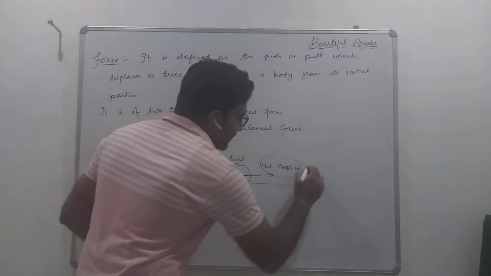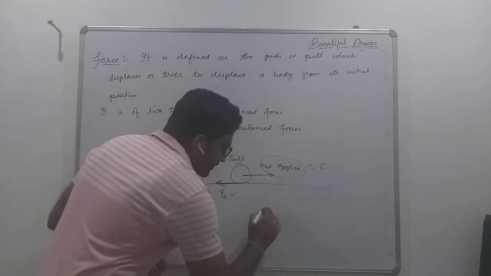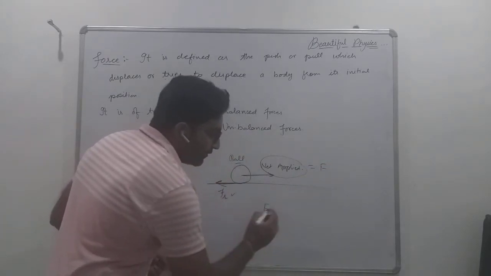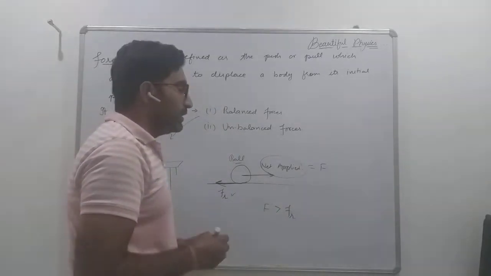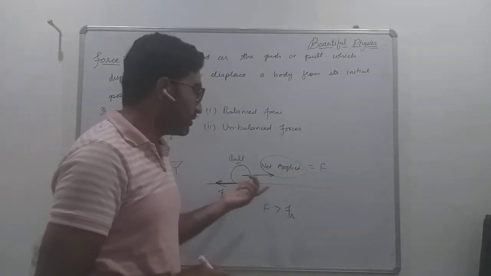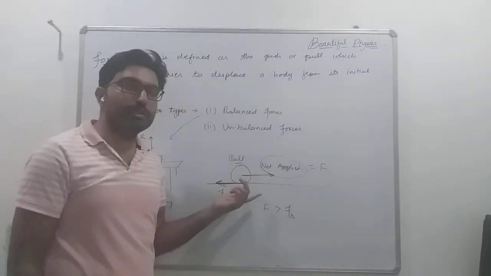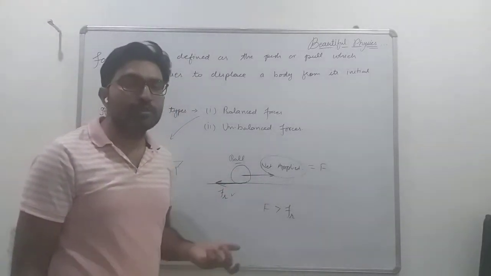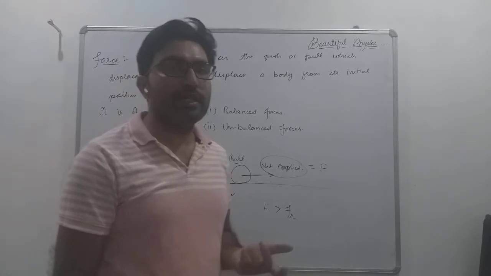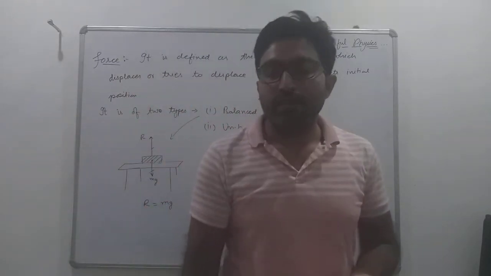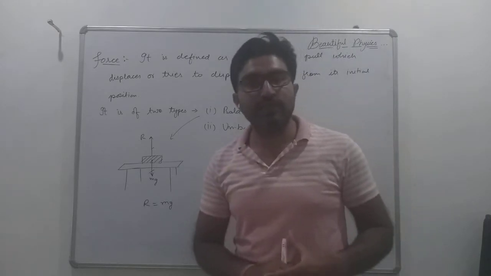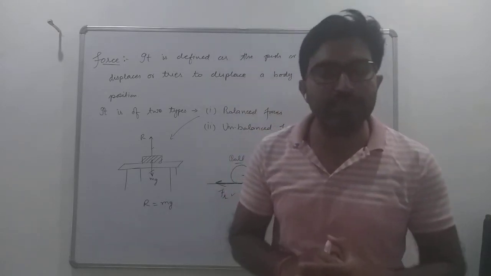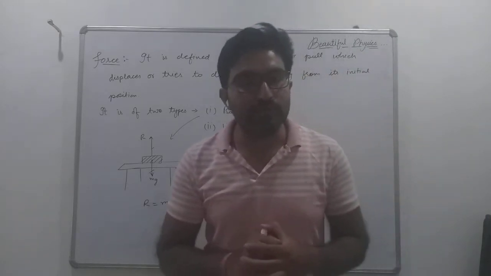Suppose the net applied force is capital F. If the net applied force F is greater than the frictional force Fr, then the body is in motion, our ball is in motion. So this ball has unbalanced forces. So guys, these are the two kinds of forces: first one is balanced forces and another one is unbalanced forces.